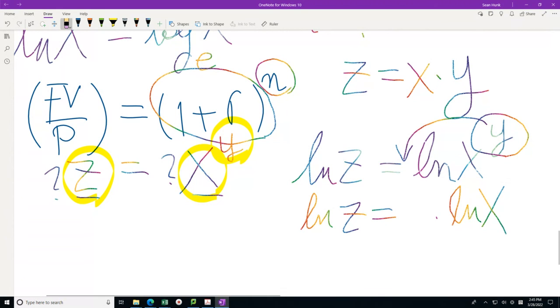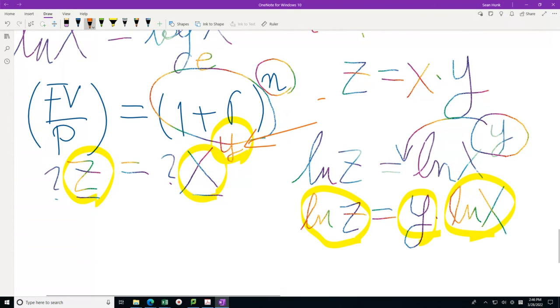So it becomes y, not n. Now this becomes z equals x times y structure. And solving for y, because y is our unknown, this is what we want to know. We've turned it into a z equals x times y structure.